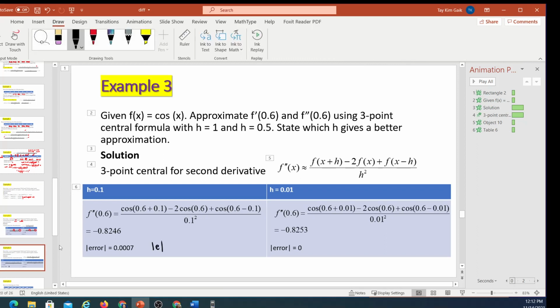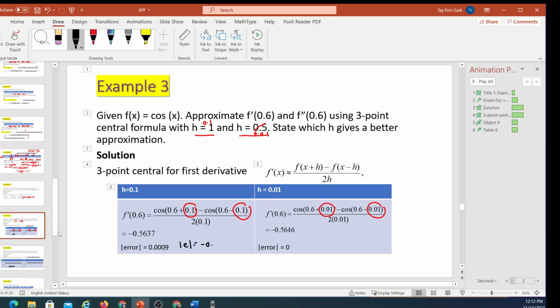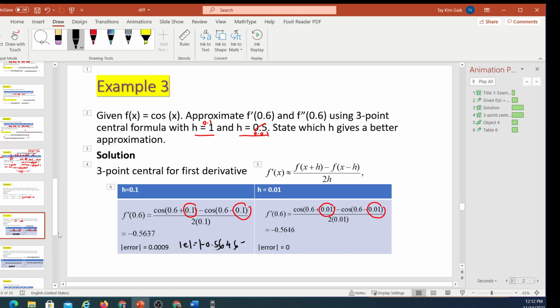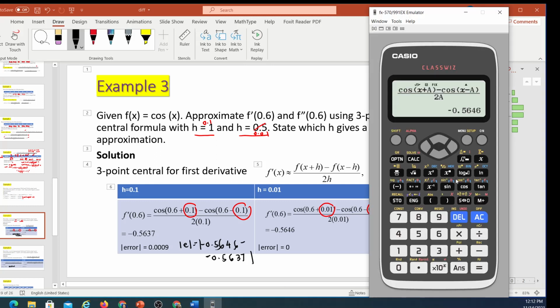Your absolute error is the magnitude of negative 0.5646 minus negative 0.5637, taking the absolute value. So this is 0.0009.